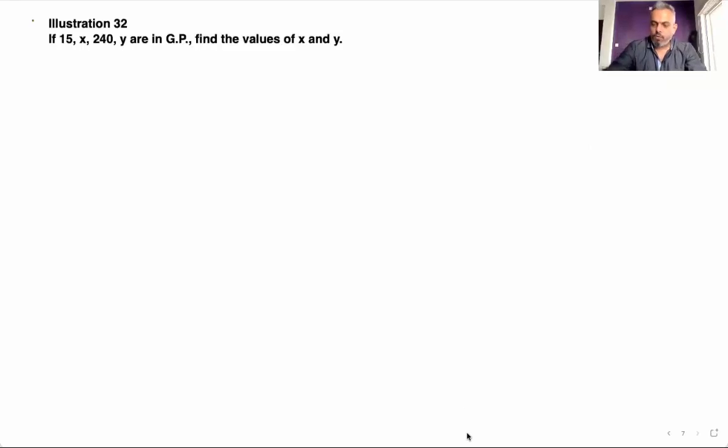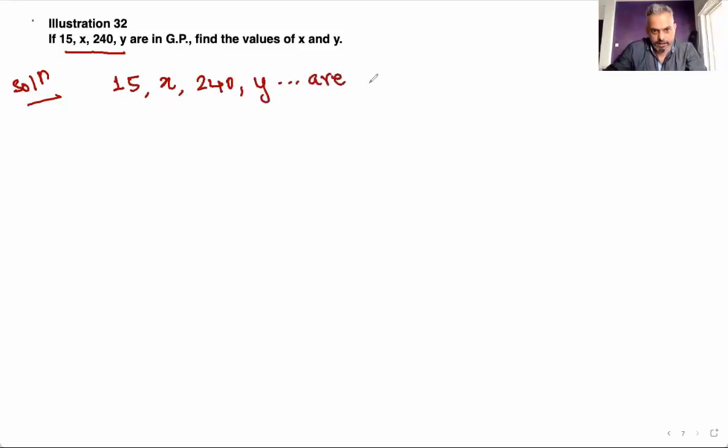Illustration 32. Now, pay attention. If 15 comma x comma 240 comma y are in GP, find the values of x and y. So solution: the numbers 15 comma x comma 240 comma y are in GP.